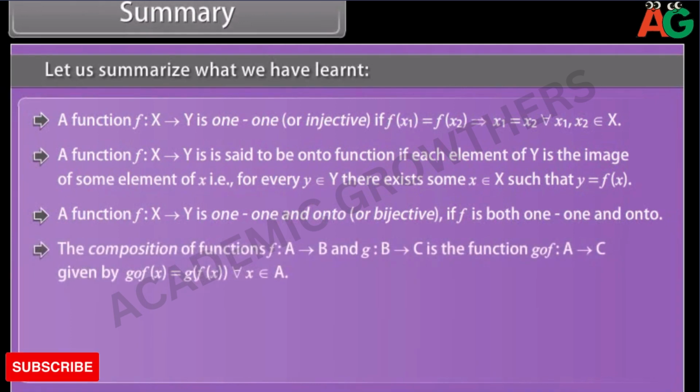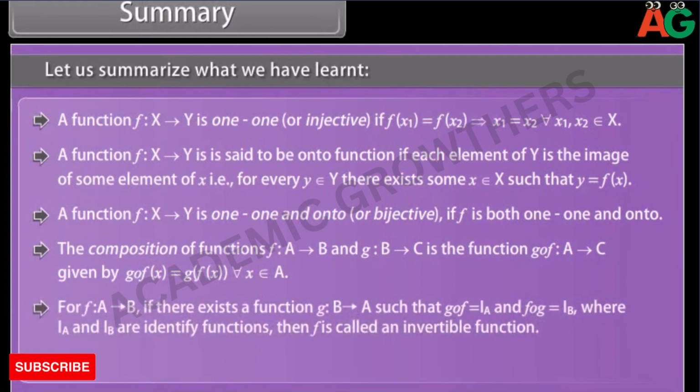The composition of functions f from A to B and g from B to C is the function g o f from A to C given by (g o f)(x) equals g(f(x)) for each x belongs to A. For function f from A to B, if there exists a function g from B to A such that g o f equals I_A and f o g equals I_B, where I_A and I_B are identity functions, then f is called an invertible function.